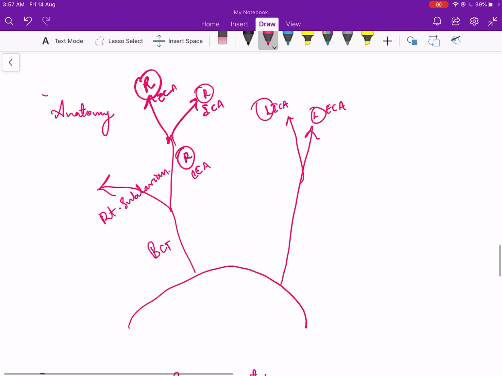After knowing this anatomy, in surgery you dissect the plane along the line of the sternocleidomastoid, obtain the vessels, clamp them, and then do an endarterectomy.